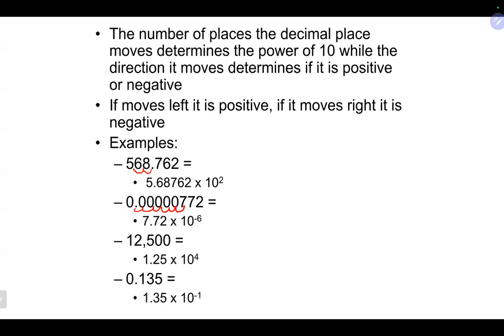That gives us 7.72 times 10 to the minus 6. And obviously here, starting here, 1, 2, 3, 4 places to the left gets us 1.25 times 10 to the 4. And lastly, just one place to the right gets us 1.35 times 10 to the minus 1.